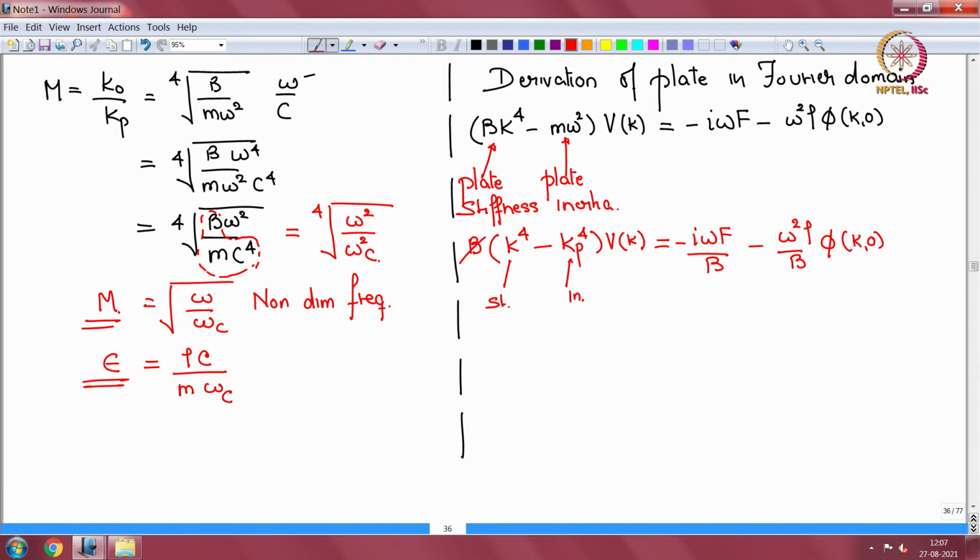And phi of k comma 0 was minus V of k by gamma, if you recall. So this is going to be equal to minus i omega f by B plus omega square rho by B V of k by gamma.